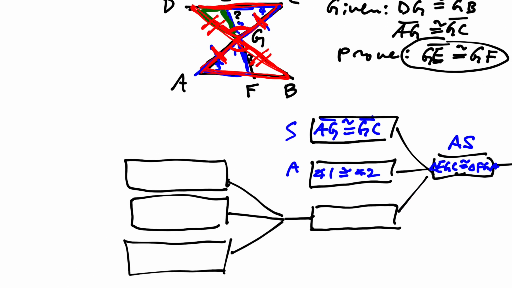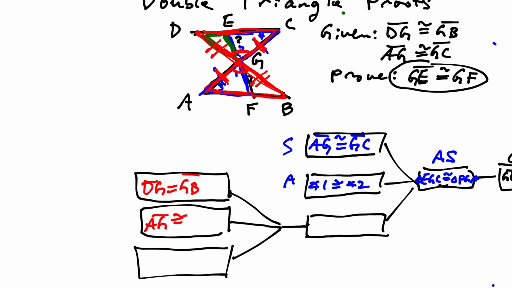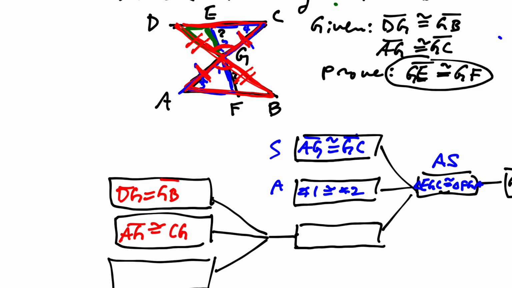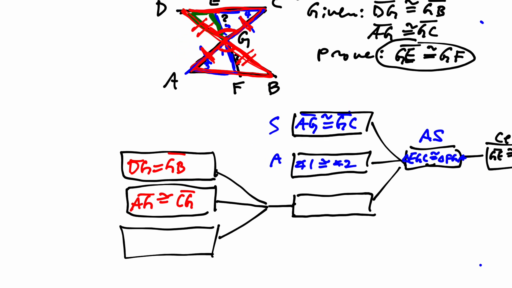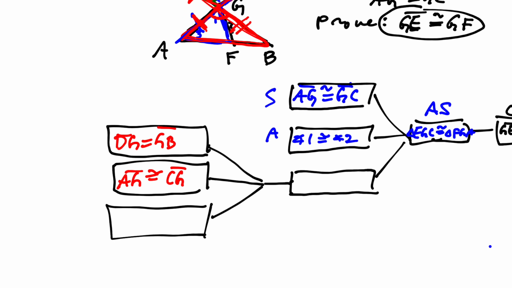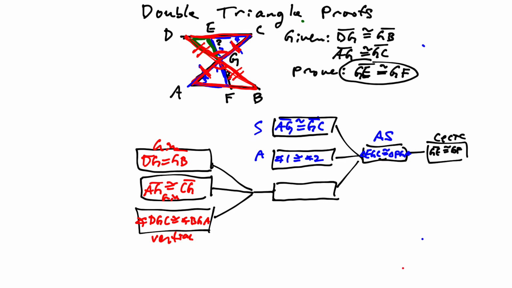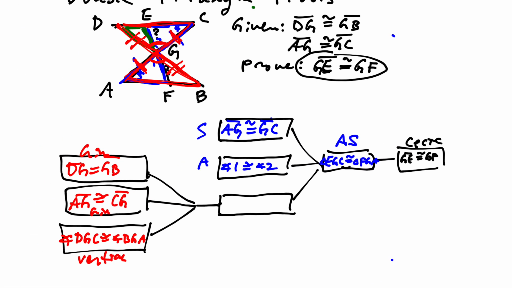So I'm going to write this up. DG is congruent to GB, that's given, and also AG is congruent to CG, that's given also. And then angles DGC and BGA are vertical. These two are given. Now when I put that together, I have enough information to say that the large red triangles are congruent.